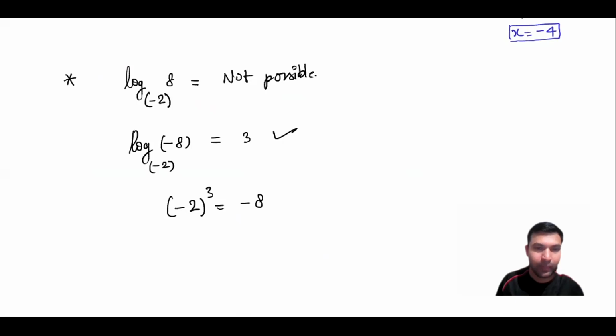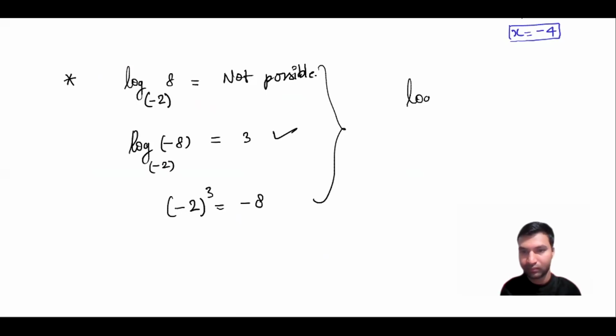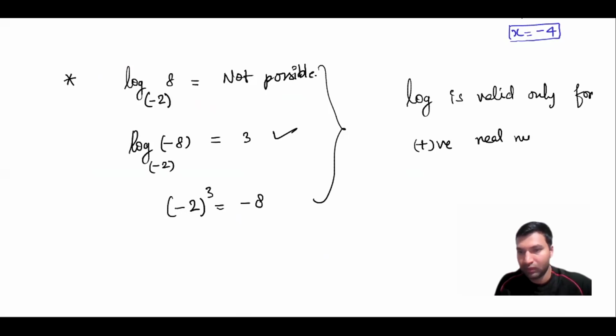But then how long will you keep checking like this whether it is valid for this particular negative number? It would be a very challenging and tedious process. So what John Napier did was remove all these constraints, and he said log is valid only for positive real numbers, even though sometimes it is valid for negative numbers.